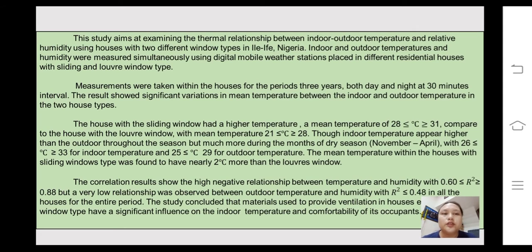The study concludes the materials used to provide ventilation in houses, especially the window type, have a significant influence on the indoor temperature and comfort of the occupants.